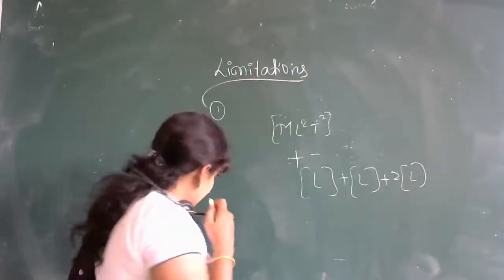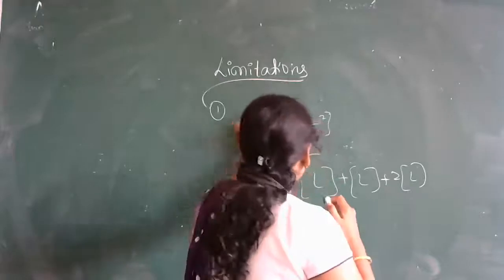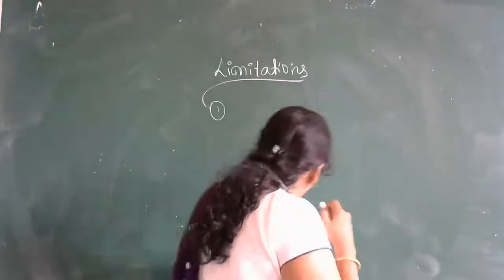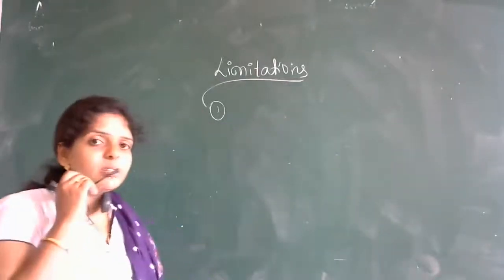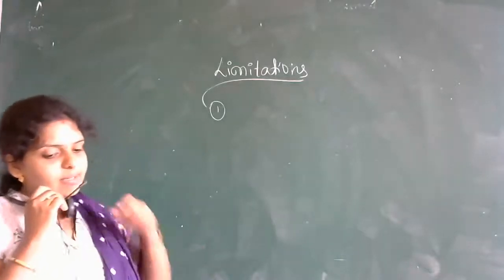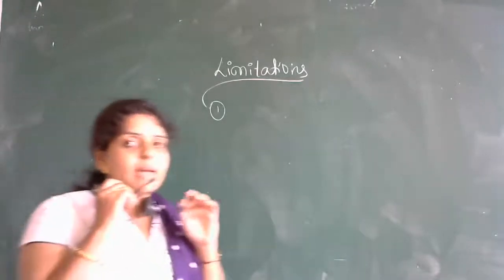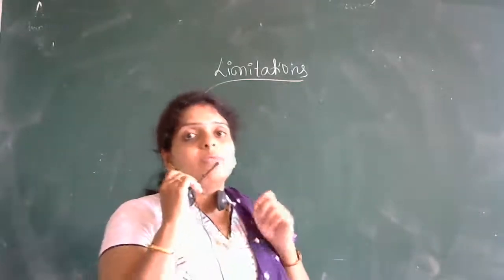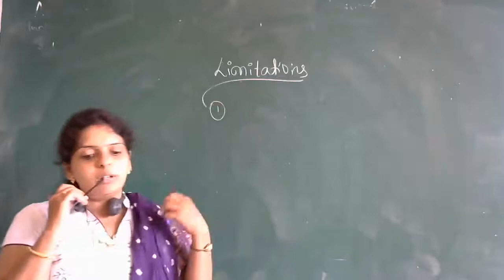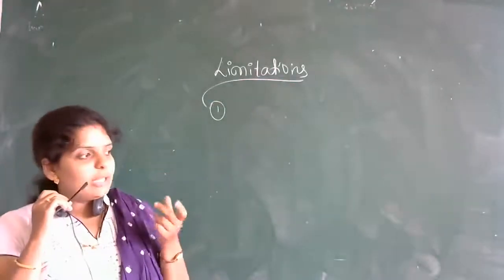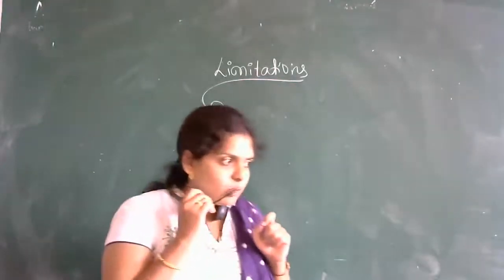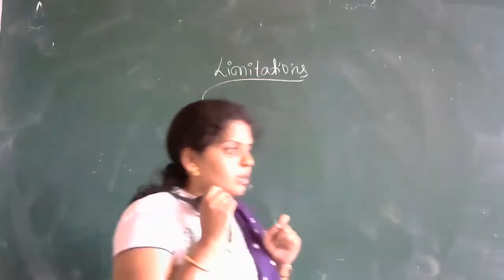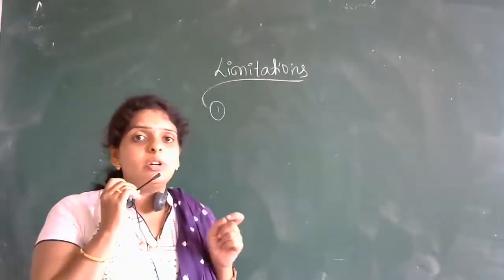Third limitation we will take it as, what is your third limitation? You cannot calculate the dimensions of physical constants or numbers. You cannot calculate the dimension formula for numerical constants.